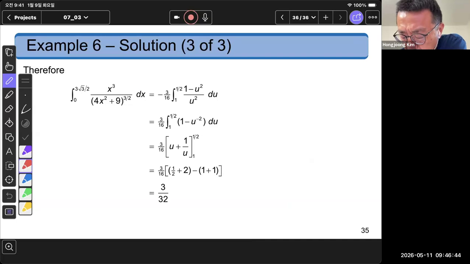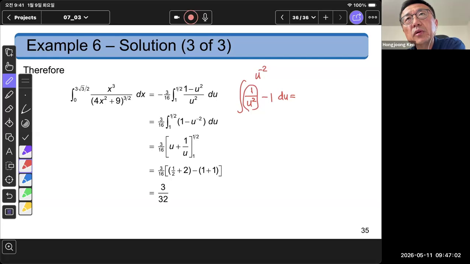Do you understand what I'm saying? So 1 over u squared minus 1 is integrated in terms of du. 1 over u squared is u to the negative 2, so if I integrate this, you get u to the negative 1 with minus. And then I have 1 here, so I get minus u.